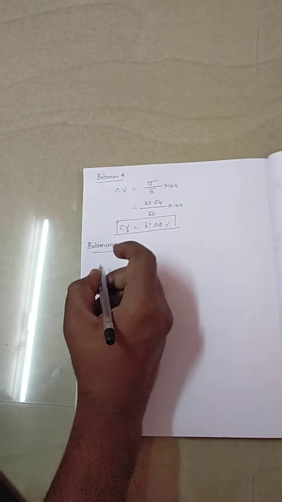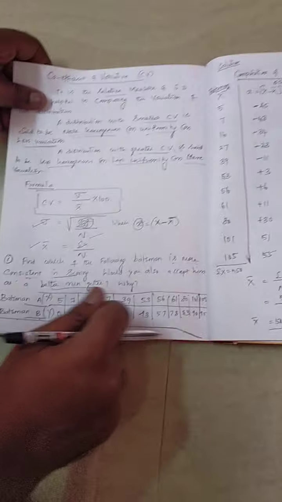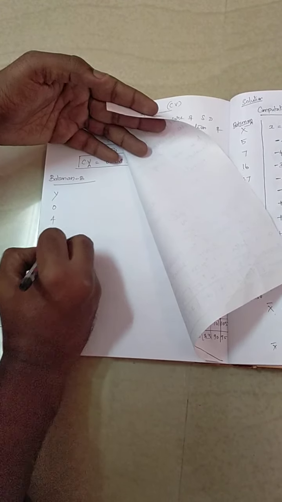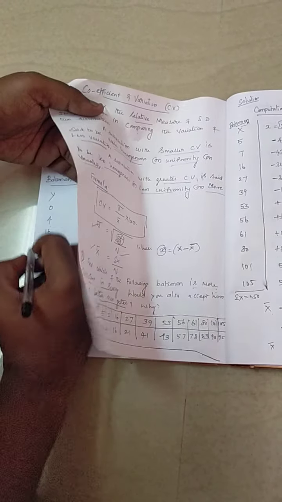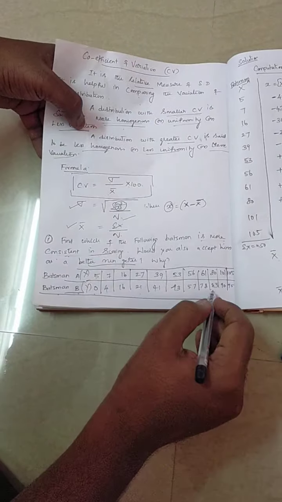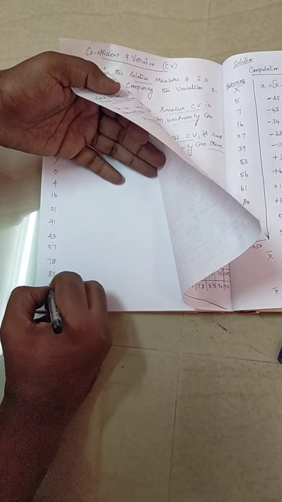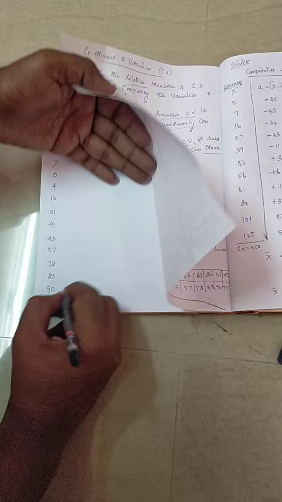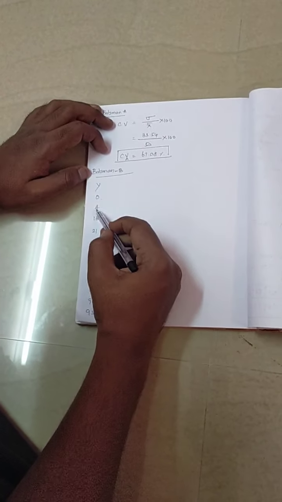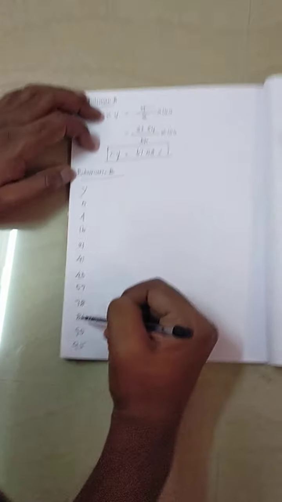Batsman B we are going to assume as Y. Now we enter the score levels 0, 4, 16, 21, 41, 43, 57, 78, 83, 90, then 95. So the total number should be 1, 2, 3, 4, 5, 6, 7, 8, 9, 10, 11.